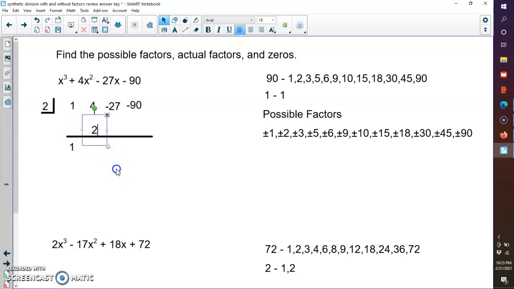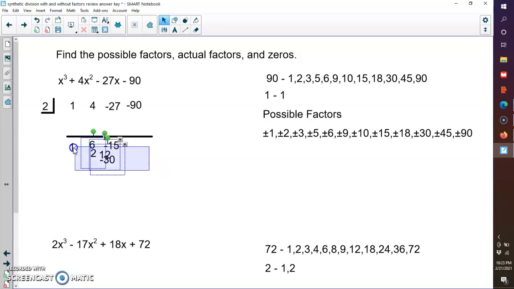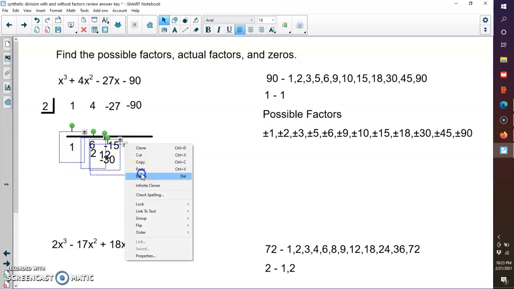We get 2. 4 and 2 is 6. 6 times 2 is 12, and unfortunately, I don't think we're going to get a winner here. We get negative 15. Negative 15 times 2 is negative 30, and that certainly does not create a 0. So we got to do it again. And this is part of the deal.